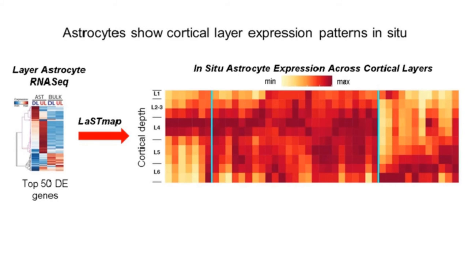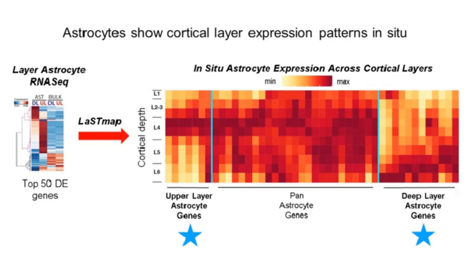On the right, you can see the in situ expression plot across cortical layers, where we have binned astrocytes across cortical depth from the superficial to the deep layers. And indeed, you can see that this approach has identified a number of upper and deep layer astrocyte expressed genes.